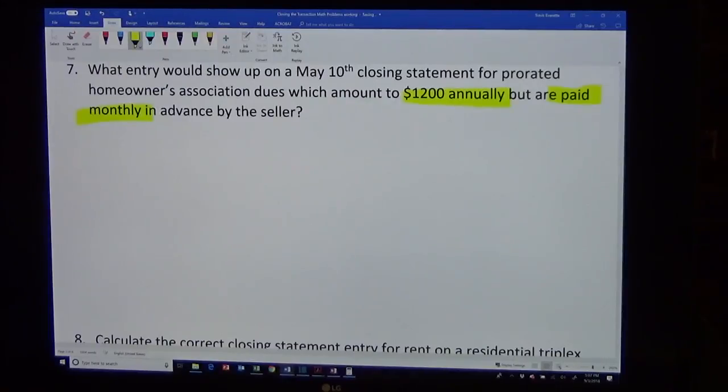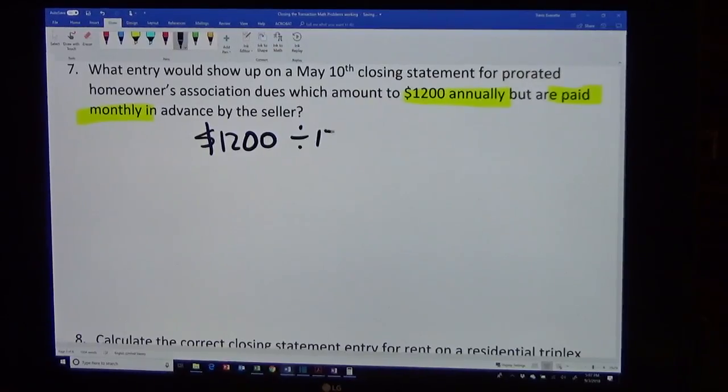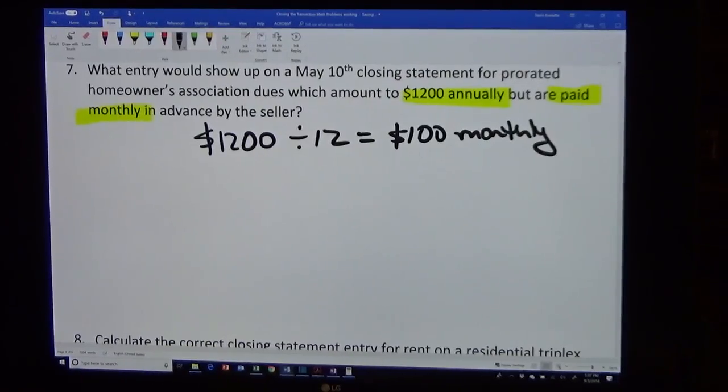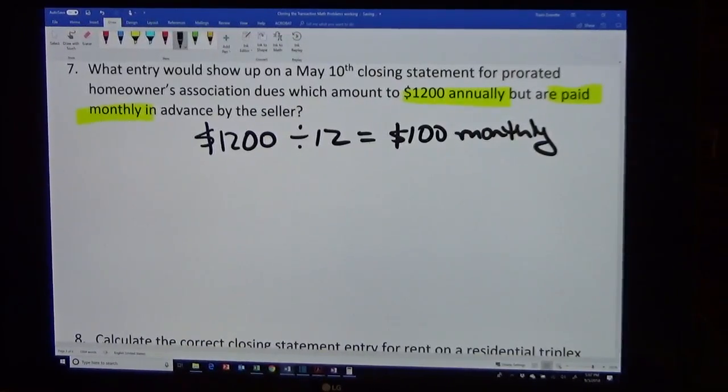So realistically, what we need to do first is break that down into a monthly expense. $1,200 divided by 12 months a year equals $100 monthly. So the seller has paid $100 in advance of closing for the whole month of May, because we're closing May 10th. So we can still do our two little statements.